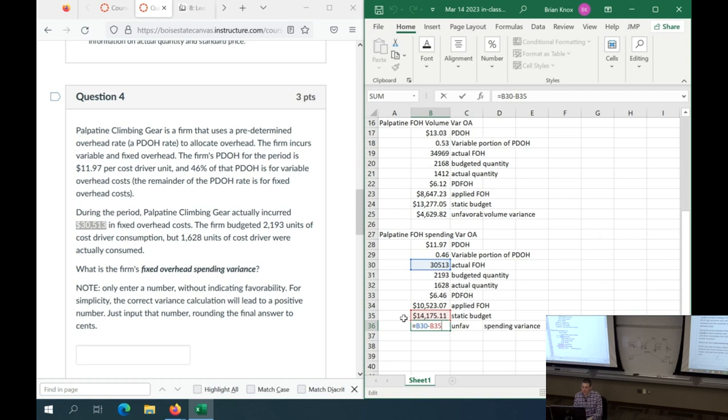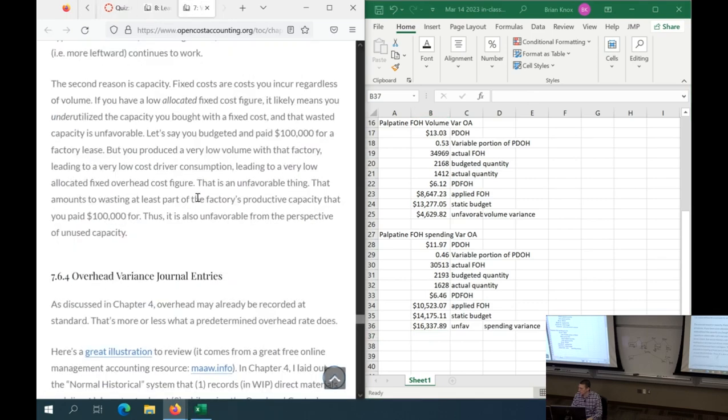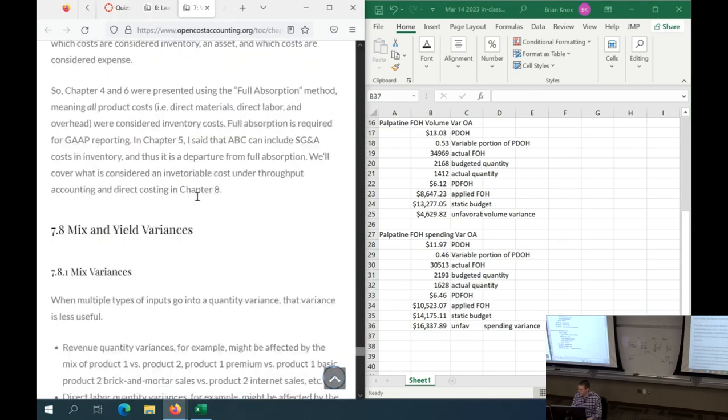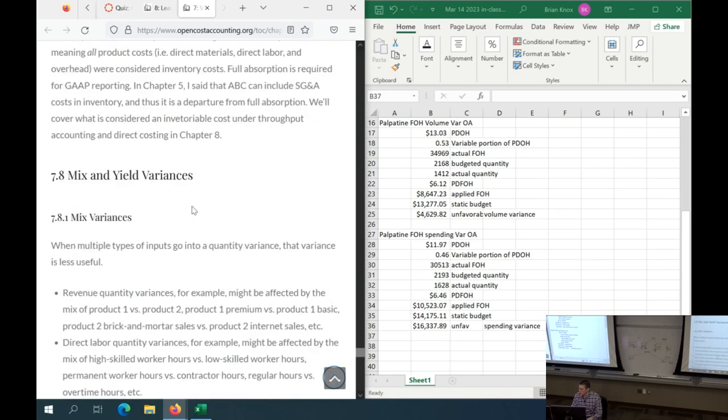All right, I want to rocket over to mix and yield. See if I can explain it succinctly in a very short period of time here. Mix and yield variances are a way of chopping up your quantity variance into two different variances when you have substitutable inputs. This is the only instance in which we have problems that deal with revenue variances.